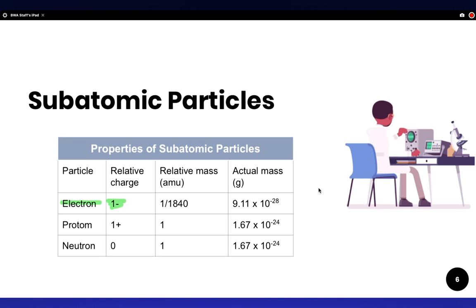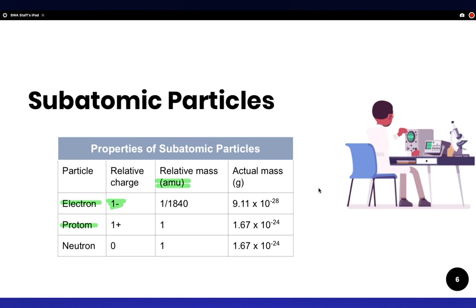Very, very small. And its actual mass in grams is 9.11 times 10 to the -28 grams. So you can think of the mass of an electron as 0. And we'll measure atomic mass going forward using AMU, or the relative mass.